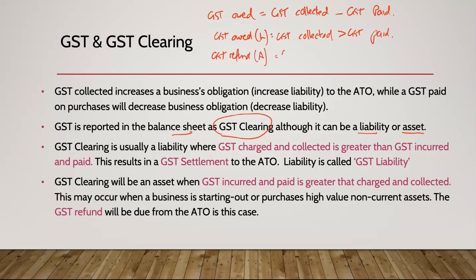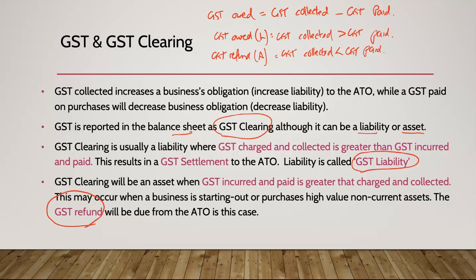If our GST collected is less than the GST that we've paid, because if we've paid more than we've collected, of course we don't need to give any more to the government. So we're going to have to keep track. If it's a liability, we're going to call it GST liability. And if it is an asset, so the government owes us money, we're going to call it a GST refund.